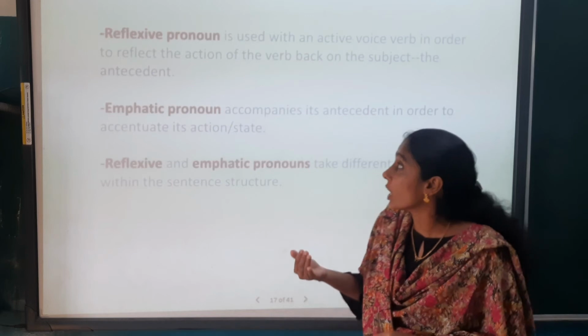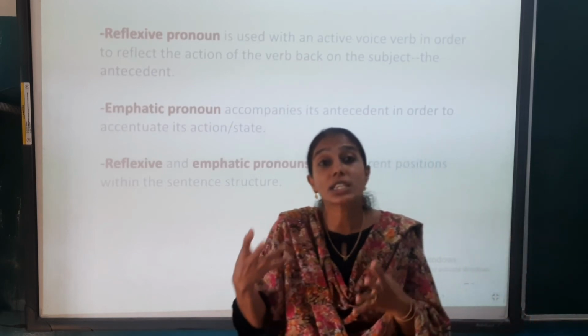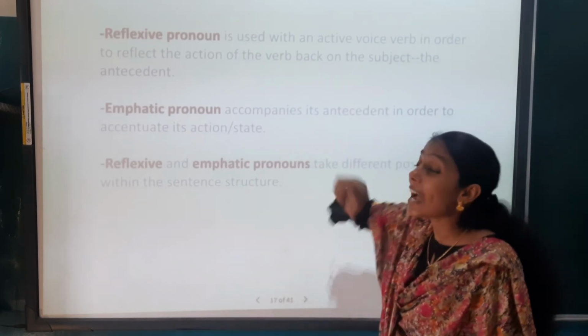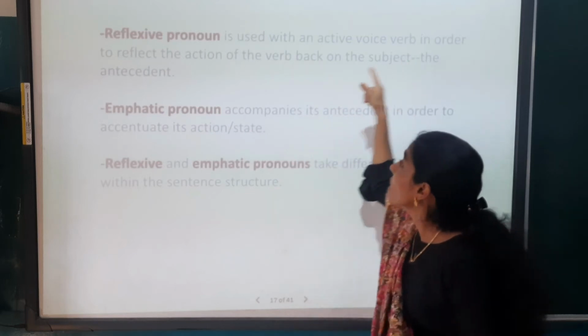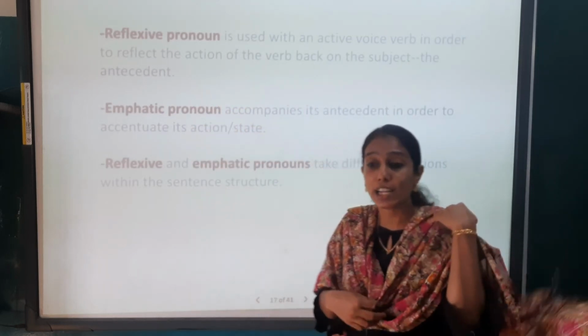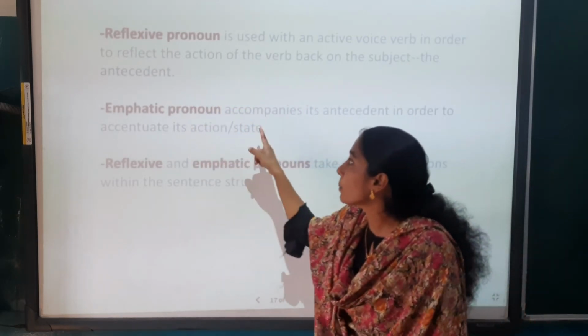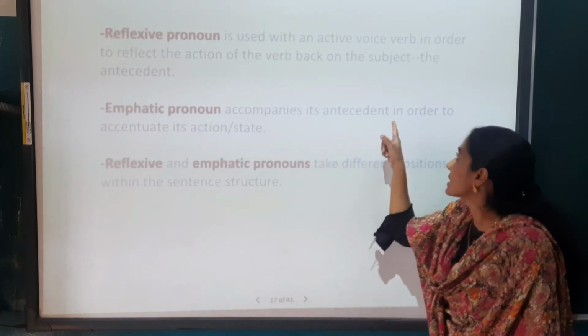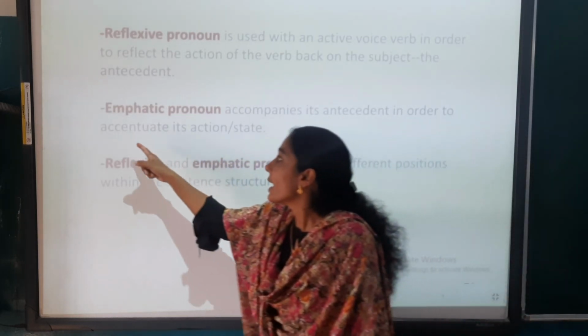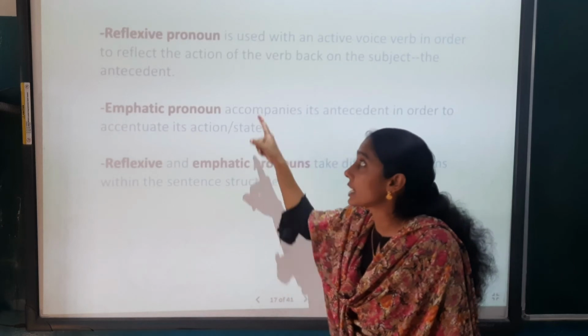When we are talking about to show what the subject is doing with an active voice verb in order to reflect the action. Emphatic pronoun accompanies its antecedent in order to accentuate its action or state.